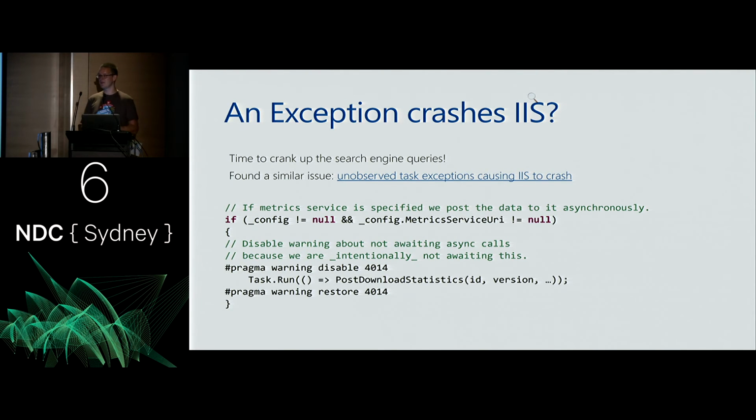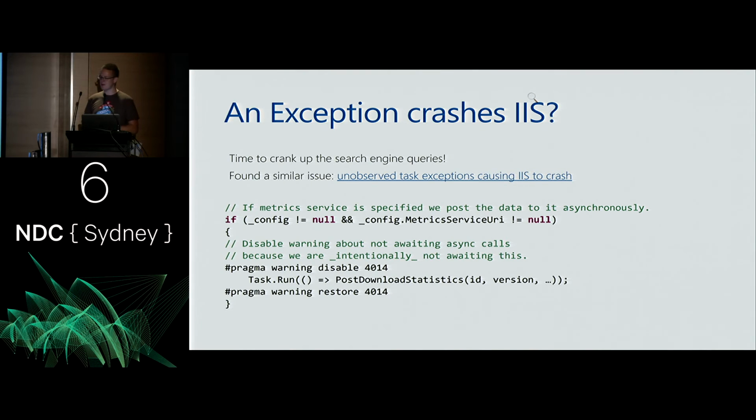That gave a lot of results, but nothing related to our code, nothing related to the scenario that we were seeing. Until somewhere on page 50 of some search engine, we found another person who had an unobserved task exception when doing this fire and forget type of operation in his application. So we looked at that link and we started reading.